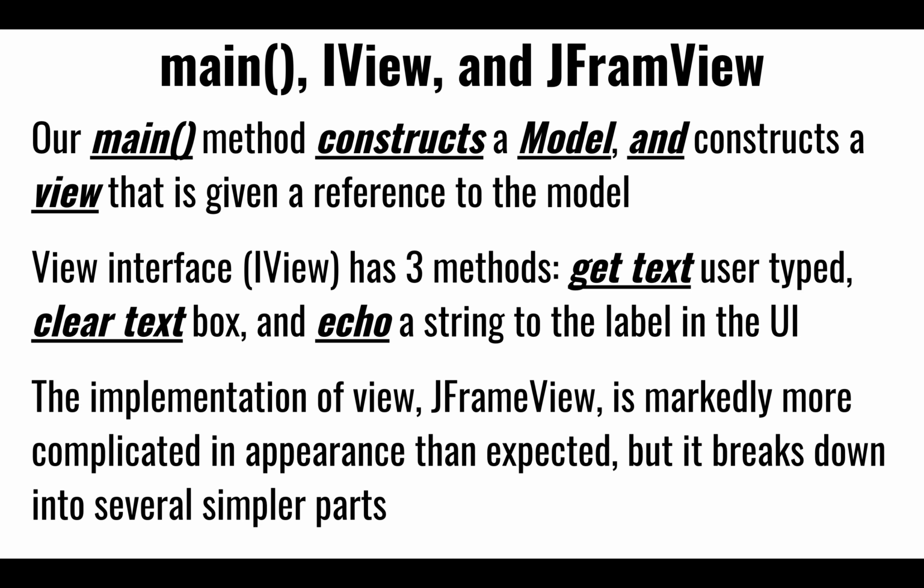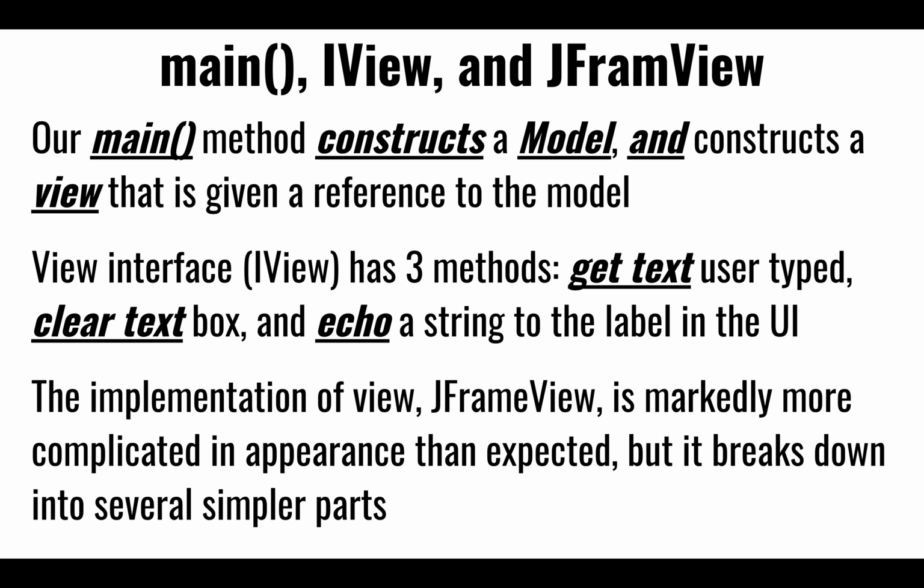So different views might render the same exact data, implement the same exact interface, but render differently. One of them perhaps can render as HTML in a browser, whereas another one can render on a phone. But they would all implement the same exact interface.